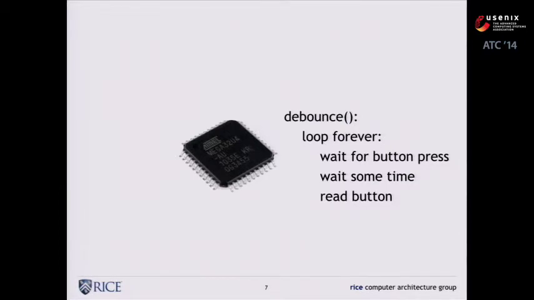The problem is I have this microcontroller because I want to do something with this chip, more than just read the button. Let's say I'm doing some math in the background. I somehow have to interleave this math with waiting for button presses and waiting for timers to go off. So this becomes a multi-threaded concurrent software engineering challenge just to debounce a button.